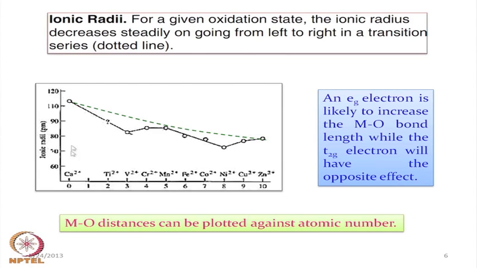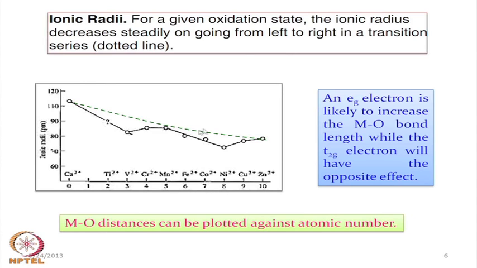We can have the same thing if we have a large number of these metal complexes, where the metal can be bound to a hydroxide, or metal oxygen from other phenolate donor ligands, or the metal-water distances. We can plot them against the corresponding atomic number or d electron occupancy.